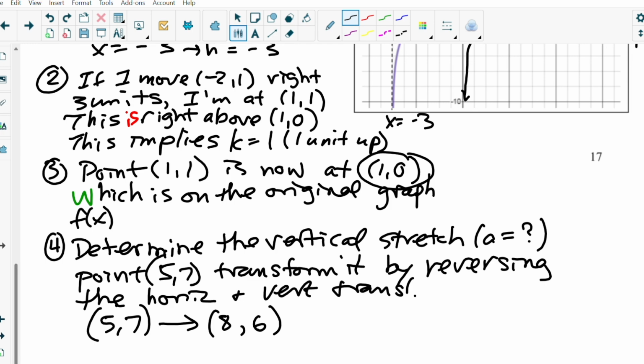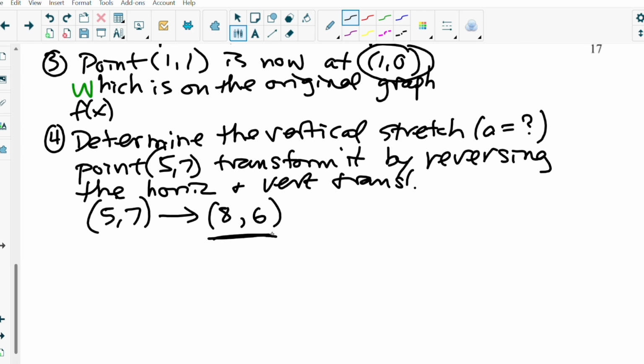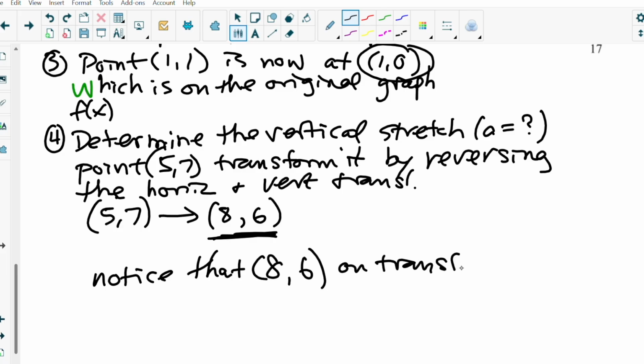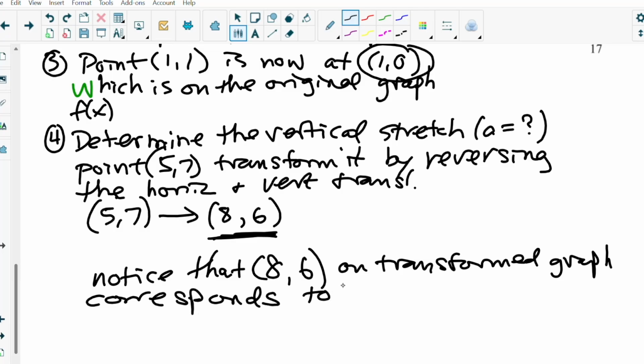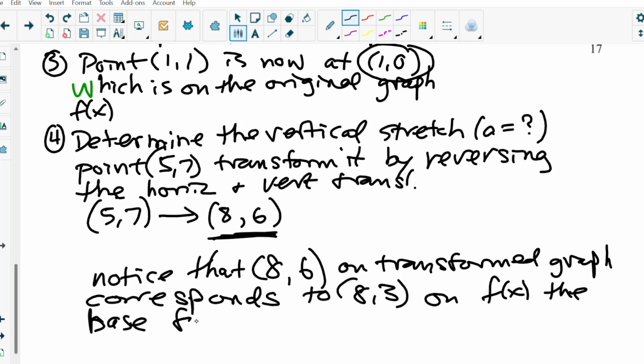Okay, once I do that, where does it land, right? Notice that the point on the transformed graph corresponds to a point on f of x, the base function.